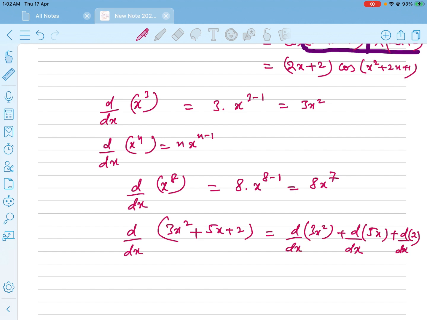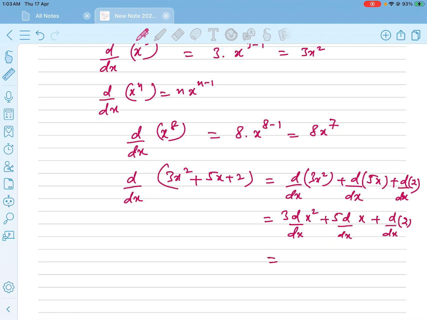Okay, so I separated the three terms. Now this can be written as 3 times derivative of x square plus 5 times derivative of x plus derivative of 2.